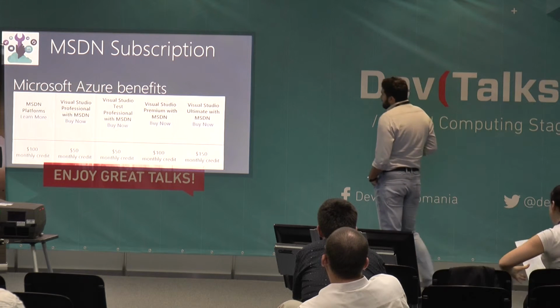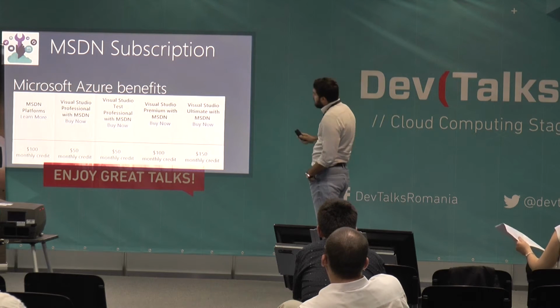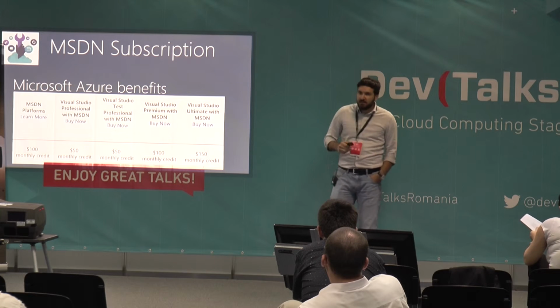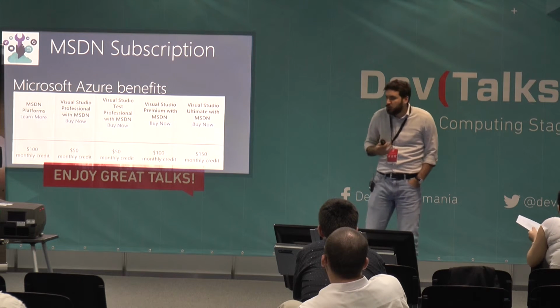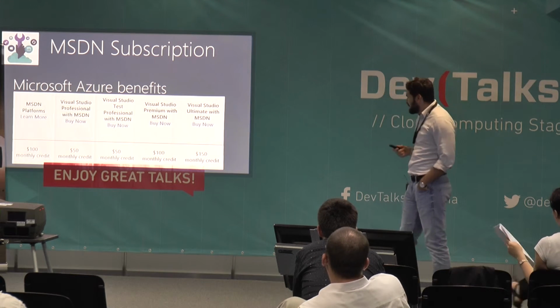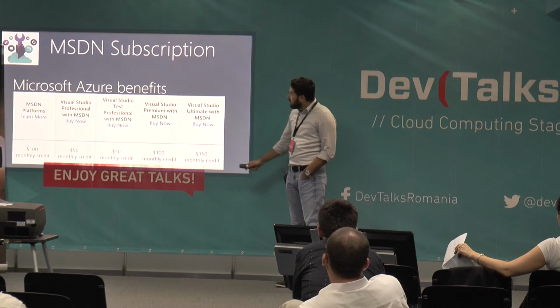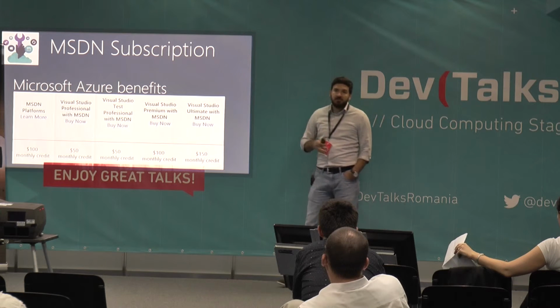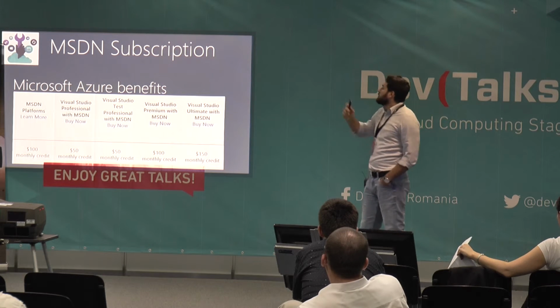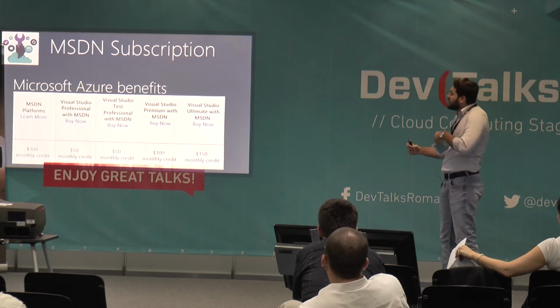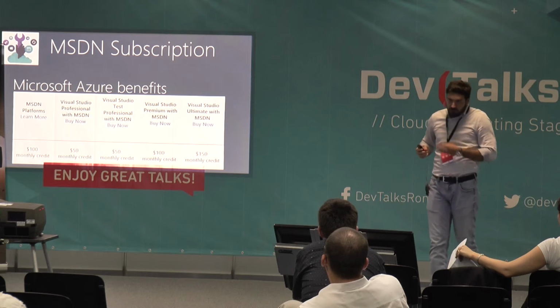The thing that I want to leave you with is the fact that if you are a developer, I expect you should or could have an MSDN subscription. That translates into the fact that you can have a maximum of $150 per month that you could use either for development or testing. It's not meant for production.